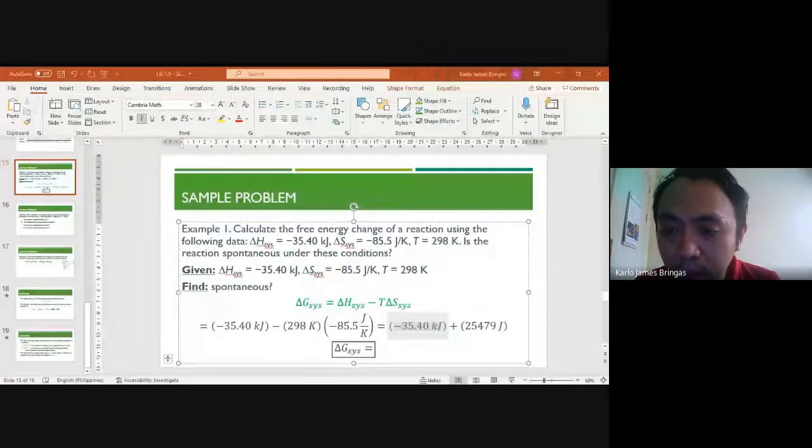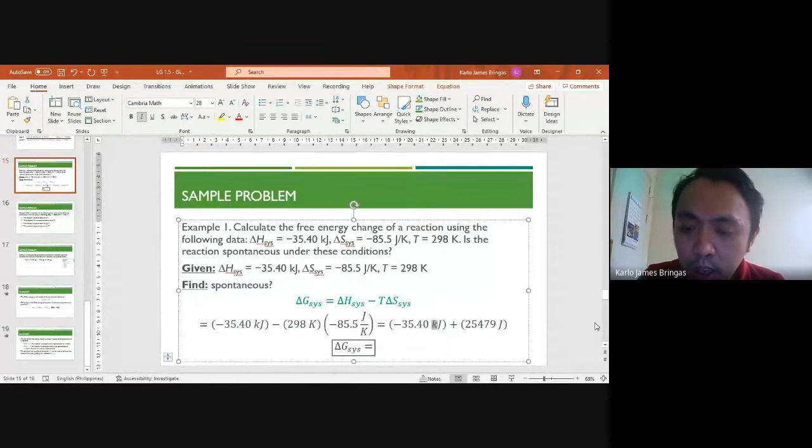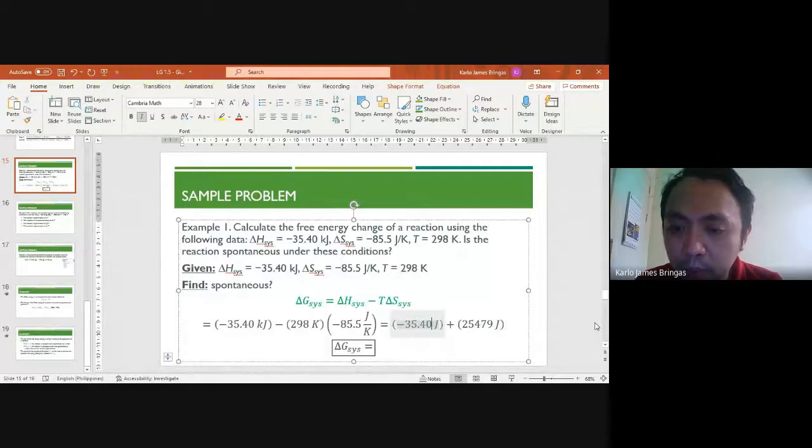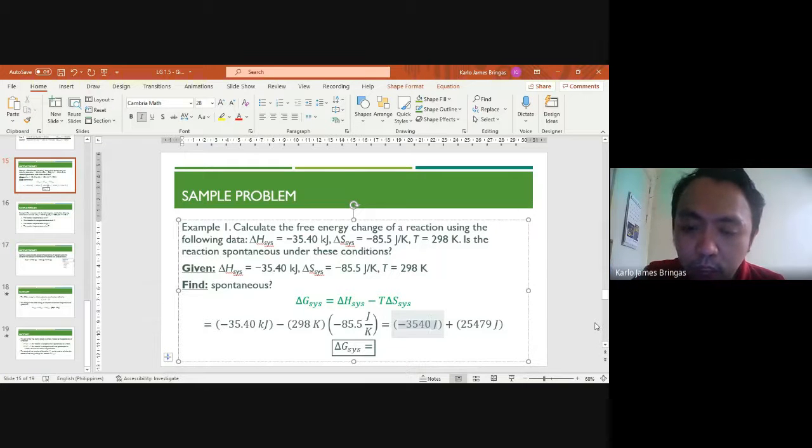You have to multiply it by 1,000, sorry. So to convert kilojoule to joule, we just multiply this by 1,000. So 35.4 times 1,000 gives me 35,400.